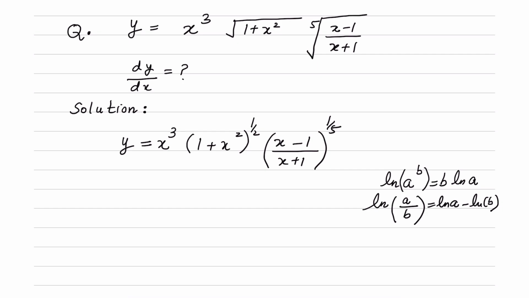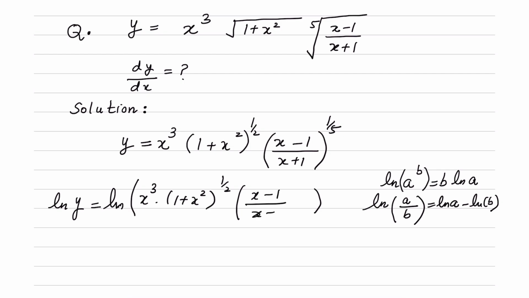So we have to find the derivative of this expression. Before we find the derivative, we will take ln on both sides. When we take ln on left side, it gives us ln y. And when we take ln on the right hand side, it gives ln of x cube into (1 plus x square) whole power 1 by 2 into (x minus 1 over x plus 1) whole power 1 by 5.